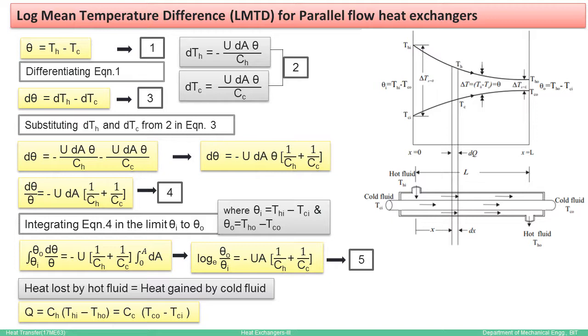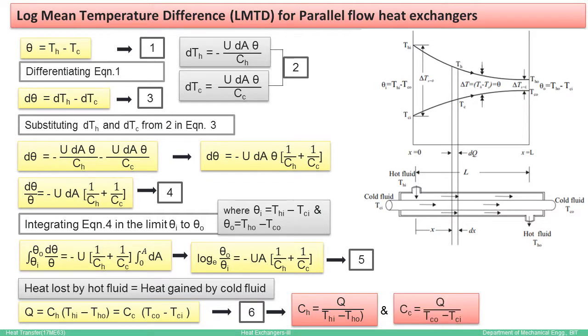We have this expression from which we can also write, that is from equation 6, that CH is equal to Q by THI minus TH naught, and also CC is equal to Q by TCO minus TCI.